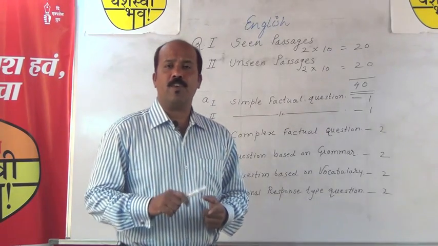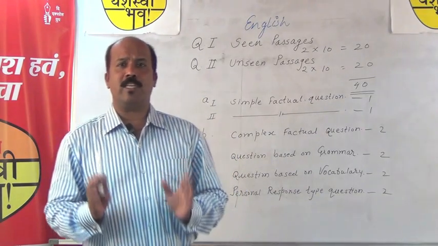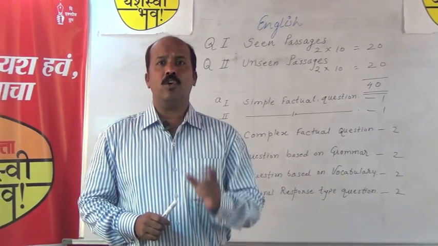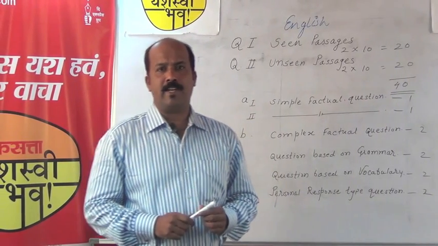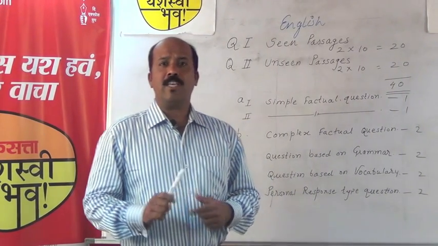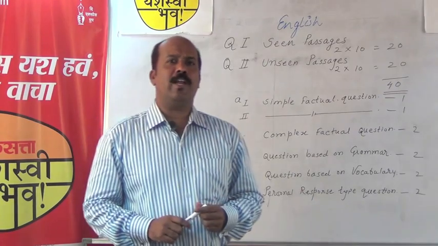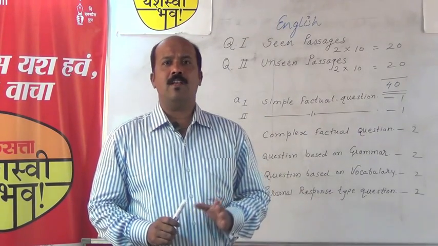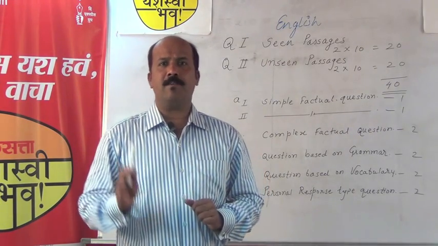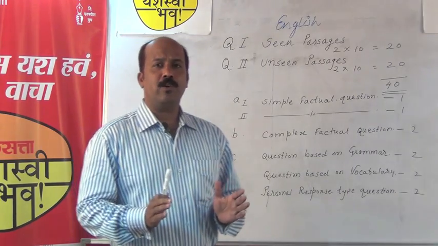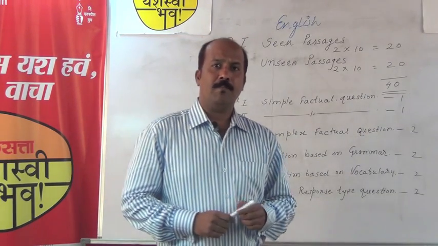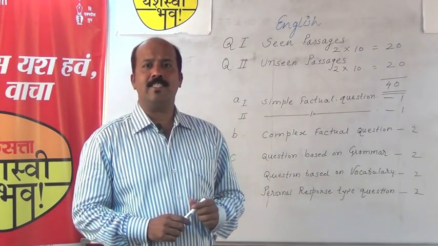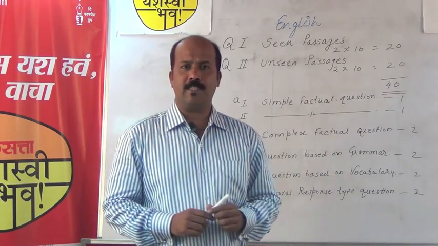This type of question is called a personal response type of question in which your personal response is expected. If you do not respond personally, you won't get marks. So just try to write 3 to 4 sentences, maximum 5 sentences according to the question given to you. But do not use the lines as they are from the given passages.